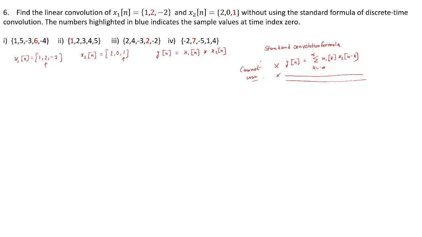So instead of performing linear convolution of x1 and x2, we take the z transform of x1 and x2, go to the frequency domain, and obtain Y of z by just simple multiplication of X1 of z and X2 of z. Since it's a z transform, you just need to look at the coefficients, and that becomes your taps, or the discrete time domain sequence. So it's a very easy way to do it.